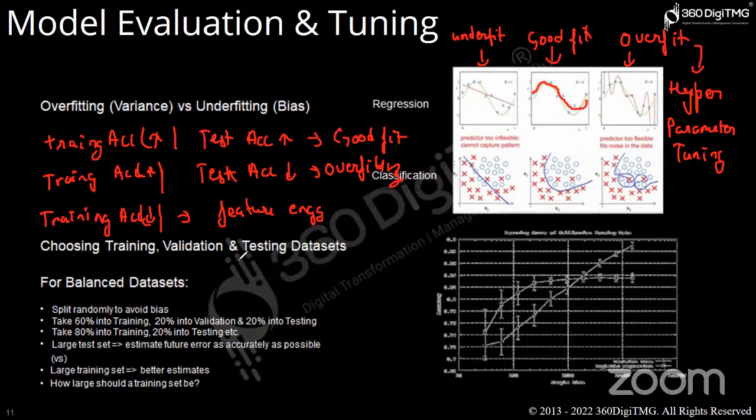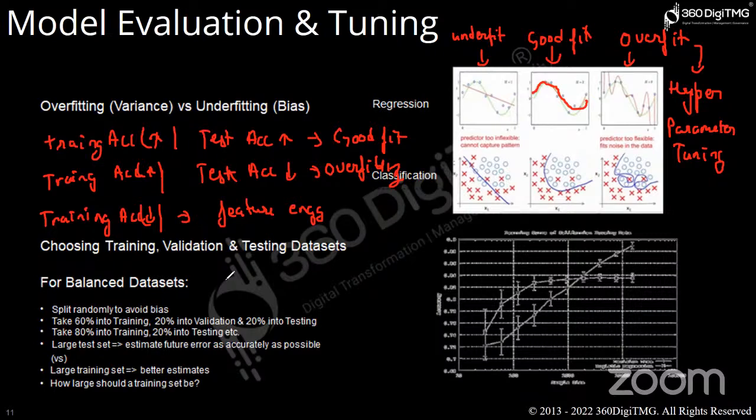Now, finally, we have balanced and unbalanced dataset. In a balanced dataset, there is a decent split of the outputs. That means that whatever output you have, there is some sort of good split, like not an equal split, but an equitable split.